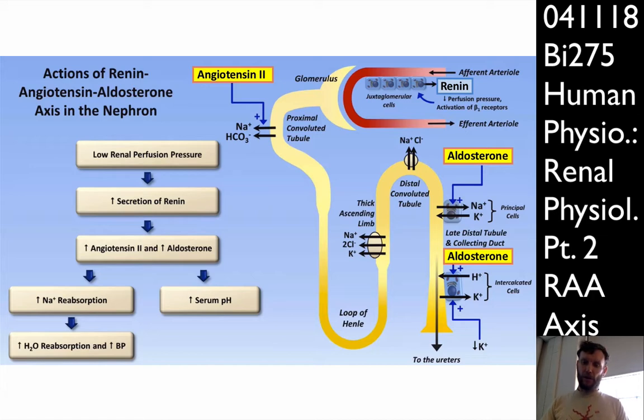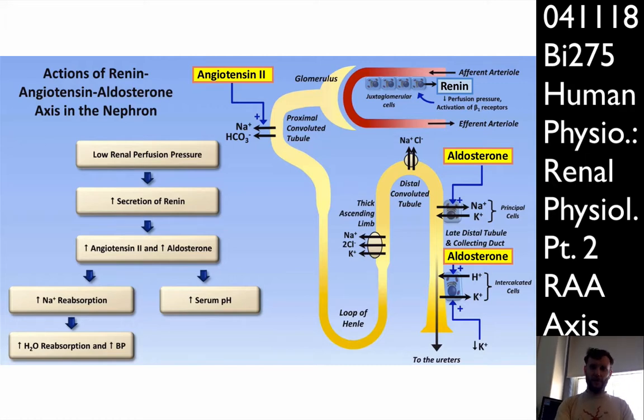The job of the intercalated cells is to take that potassium exported by the principal cells and use it in an antiporter. Both principal cells and intercalated cells are antiporters. It's going to export hydrogen ion and achieve charge balance by importing the potassium that was exported by the principal cells.